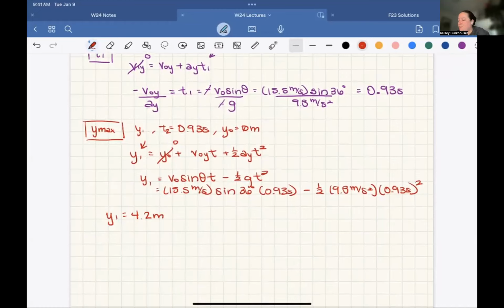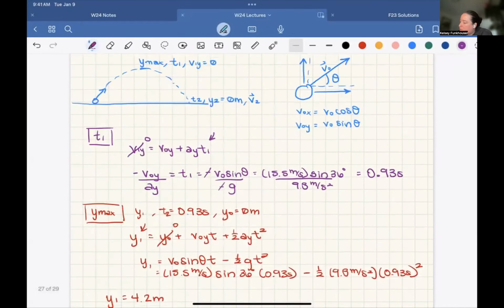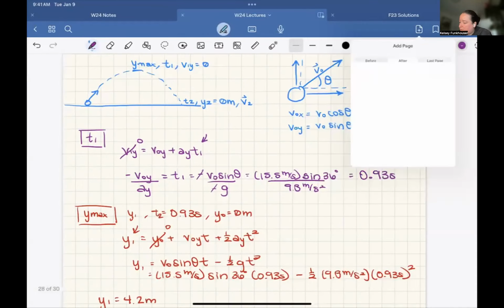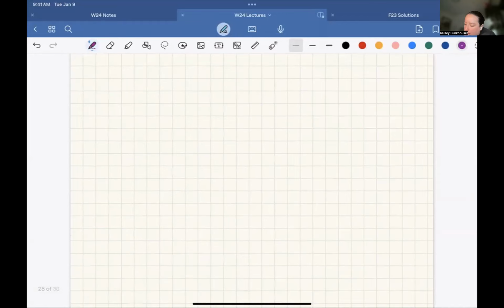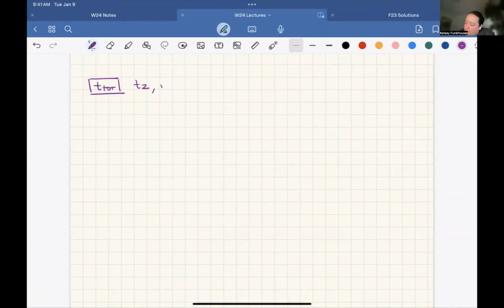Next up, they asked for the total time. I'm actually just going to add a page because we ran out of room. So we want the total time, or this one is actually what we're calling T2. And for this, y2 is 0, and I think that maybe is all we know.